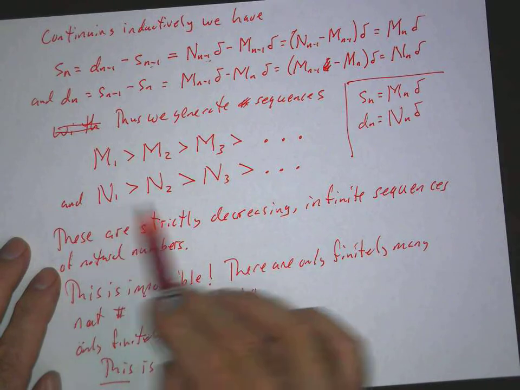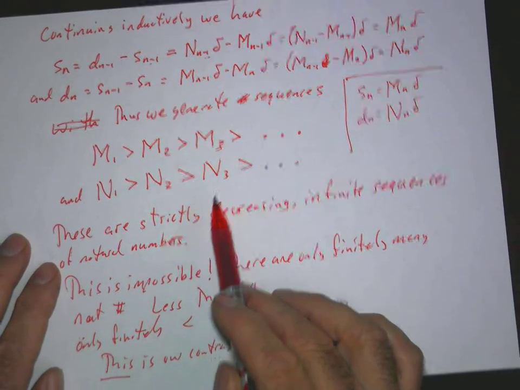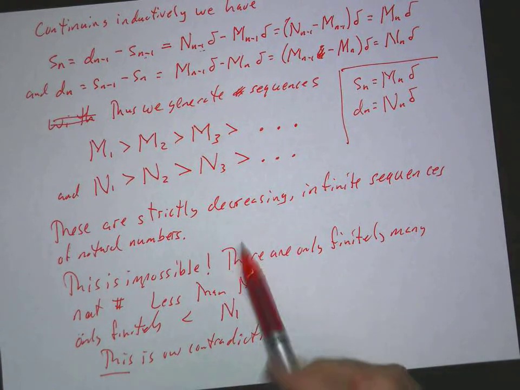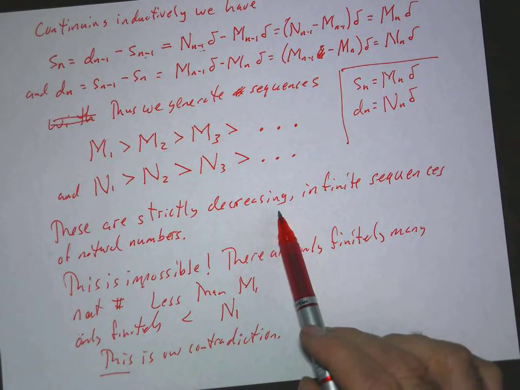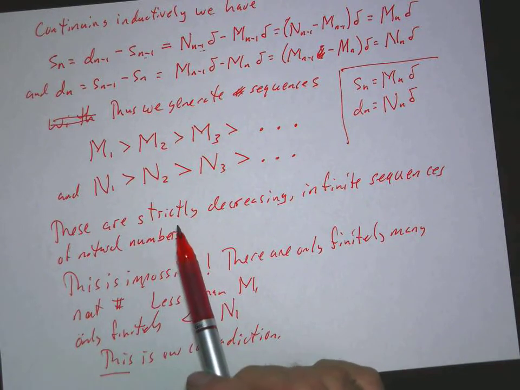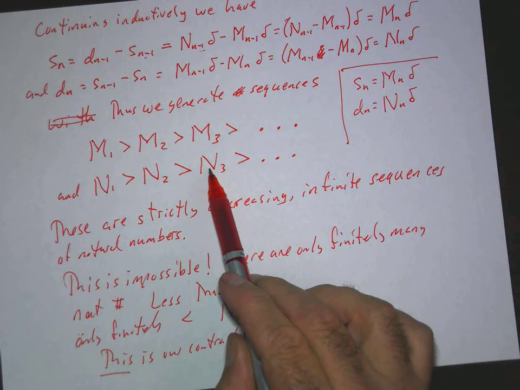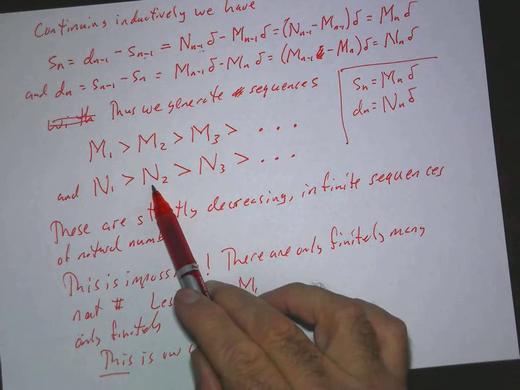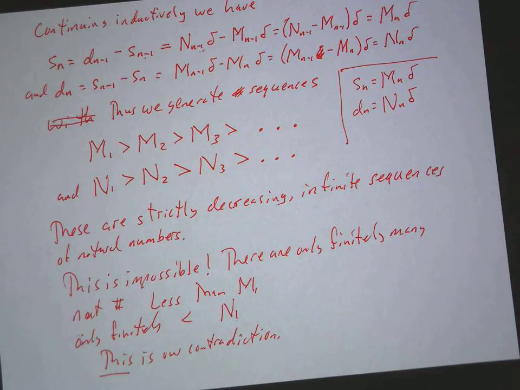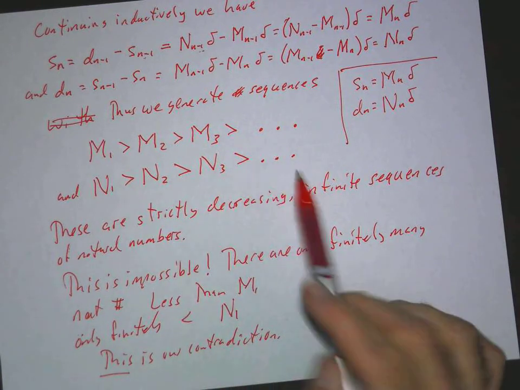Capital N sub 1 greater than capital N sub 2, greater than capital N sub 3. These are strictly decreasing and infinite sequences of natural numbers. Strictly decreasing. So each term after the first is strictly less than its predecessor. And these sequences are infinite, they continue.